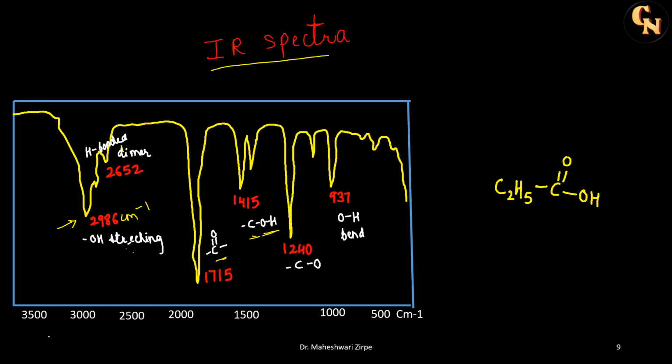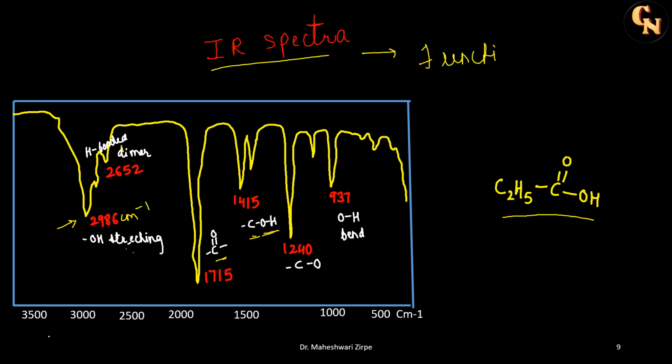Using this we can find out which functional groups are present in your molecule. The only thing we can guess is that it contains a carboxylic acid group, because from IR peaks we can only guess the functional groups.